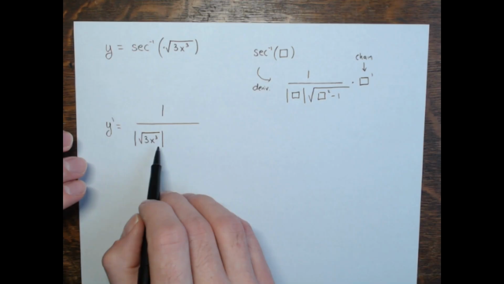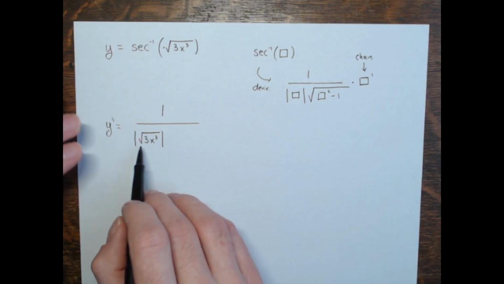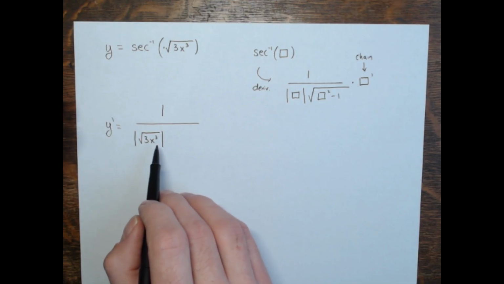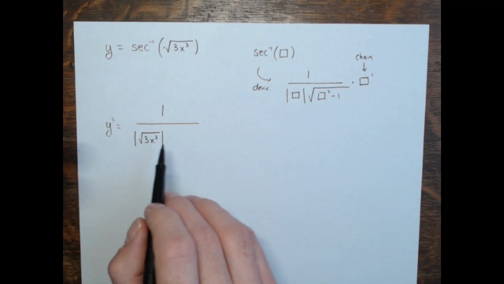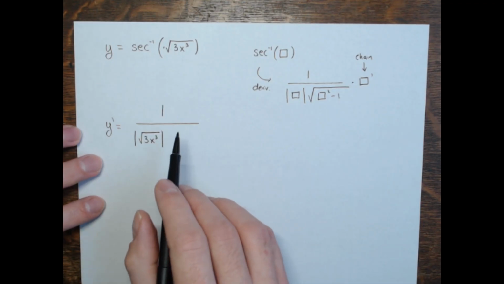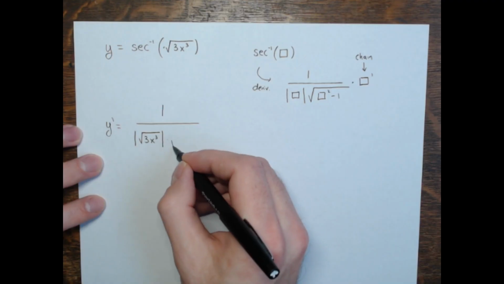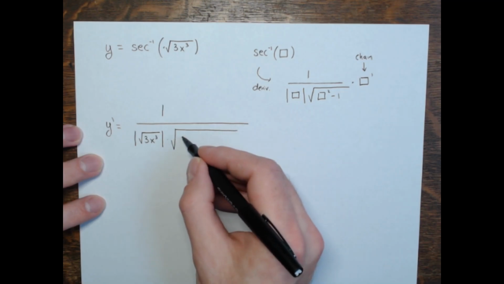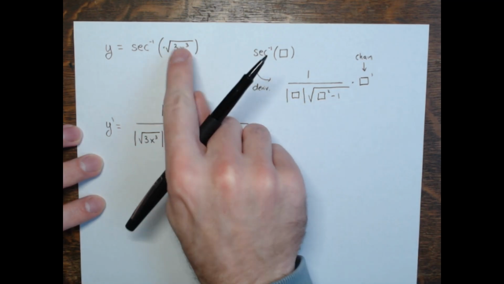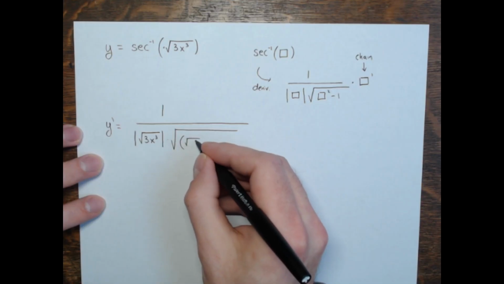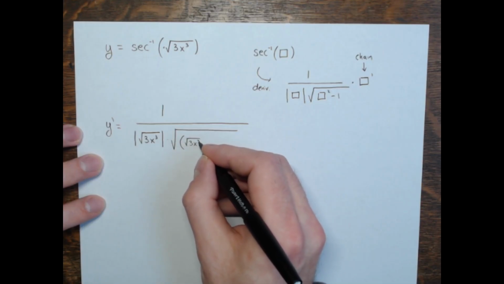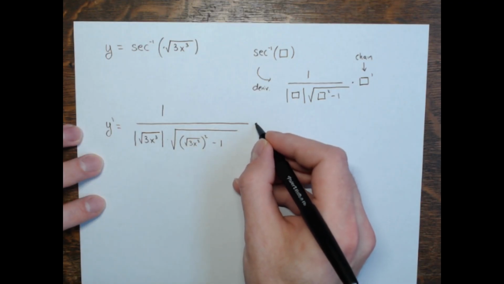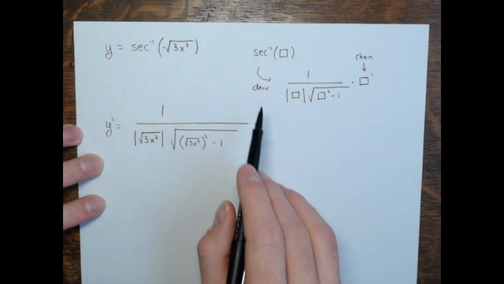I'll put it because it can't hurt. Even if it's positive already, throwing absolute values around it doesn't make it any less positive. Then times the square root of our expression inside again, the square root of 3x cubed squared minus 1. And then after all that, multiply by the derivative of this.